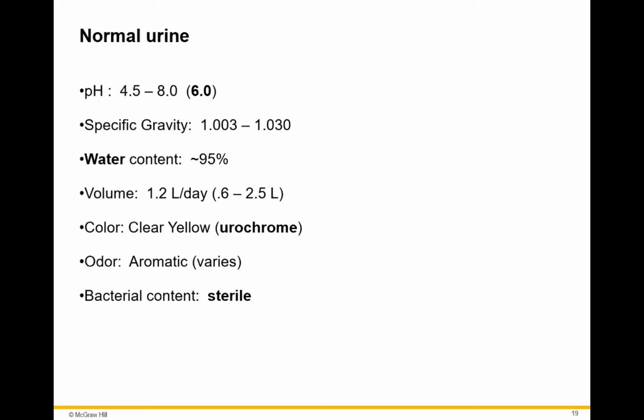Why is this important? If your specific gravity is too low, it means your body is not releasing, or not allowing, some of these substances, such as urea and uric acid, to enter into your urine. And these contain nitrogen, and they're a waste product that really needs to be eliminated.